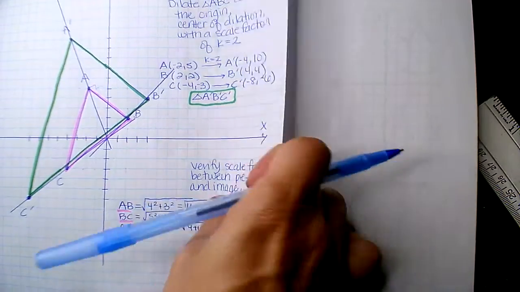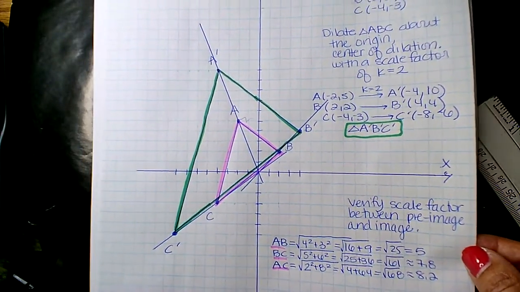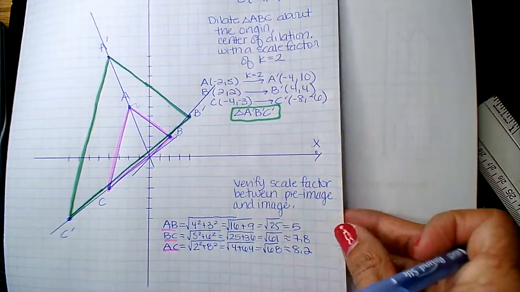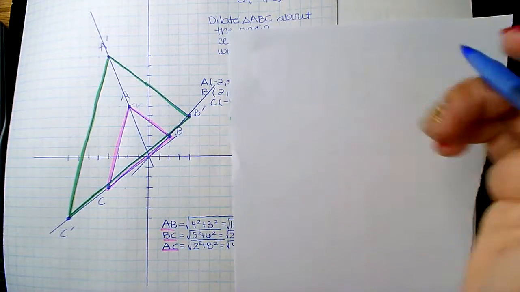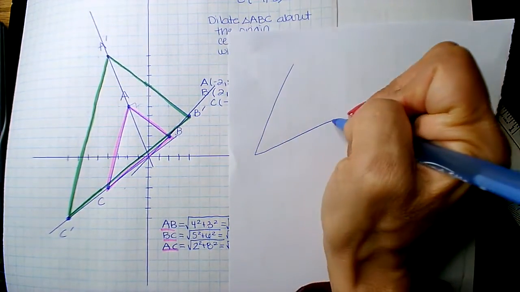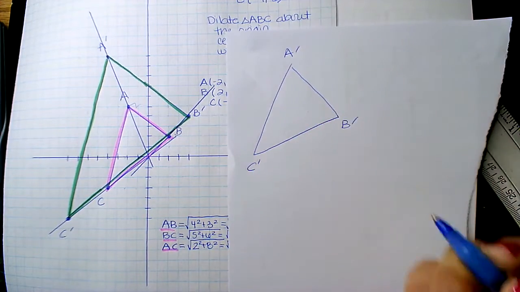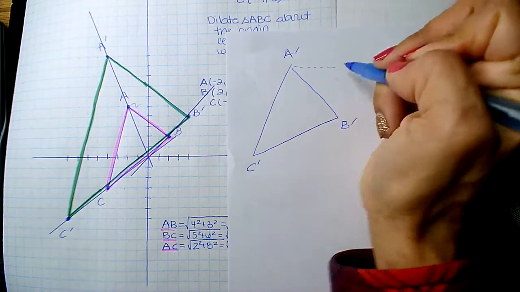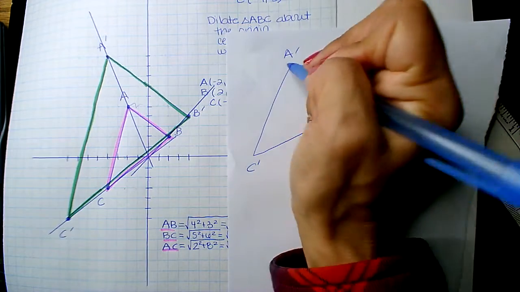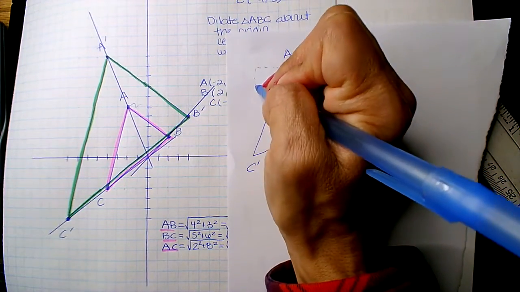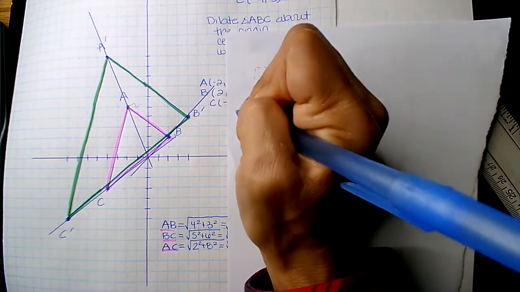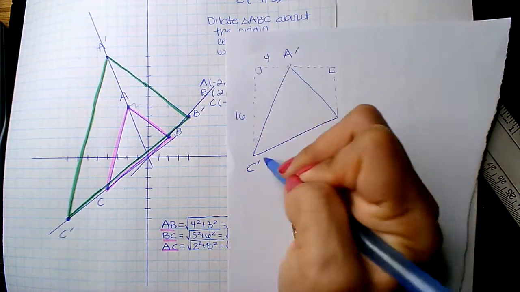So then the green. Let's draw a bigger one. So this is A prime, B prime, C prime. So again, we're going to count. Okay, we already know this is 4 by 16.